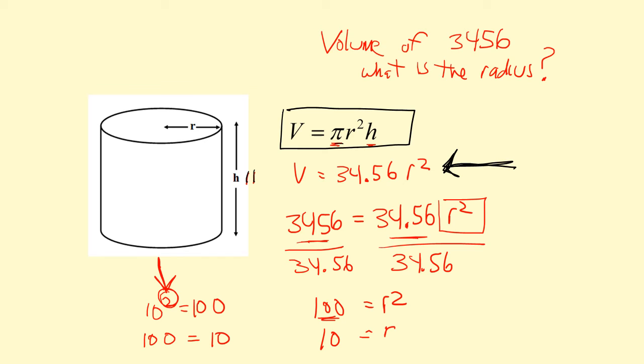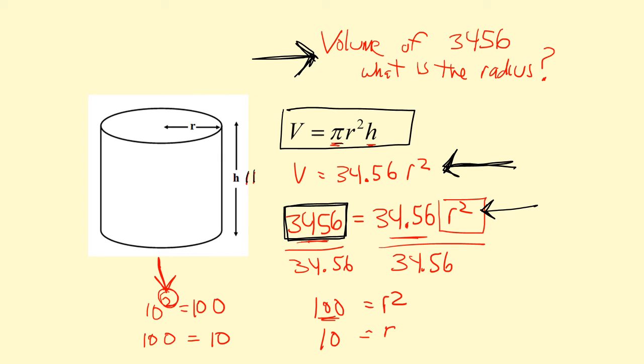That's our simplified formula. And then we took that a step farther and said, okay, let's suppose we're given the volume of this cylinder. We're told what the answer is. So we plug that in over here for the V. And then we have to work backwards and find out what is our radius.